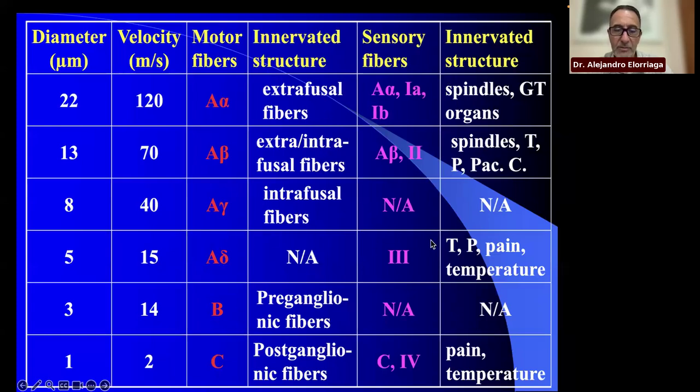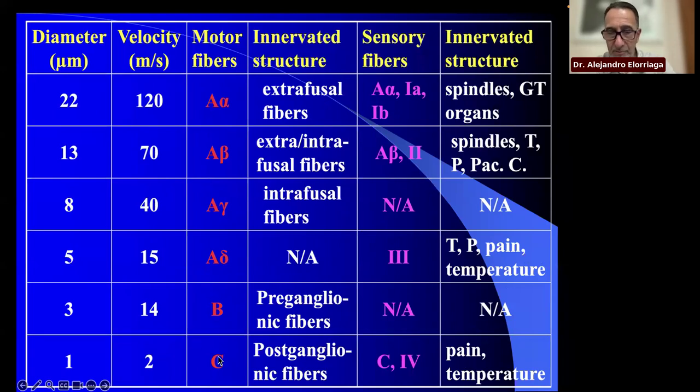Then, when you are dealing with information that simply tells you something about the environment, is it cold, is it hot, or is there any threat for the tissue, pain, this appears at a much lower hierarchical level, meaning signals that move much slower. Indeed, we have two kinds of pain, fast pain and slow pain.